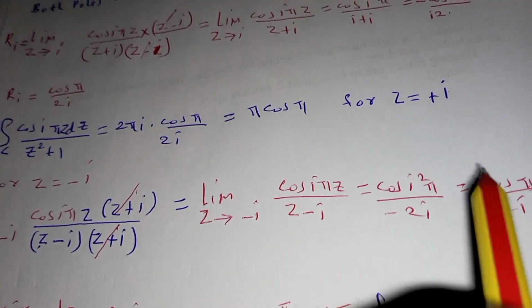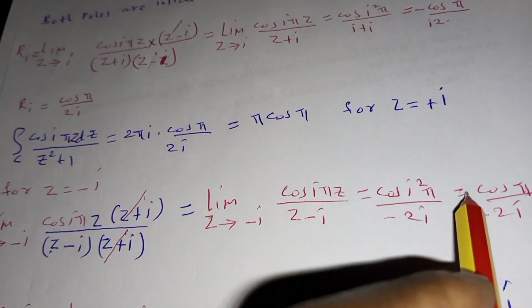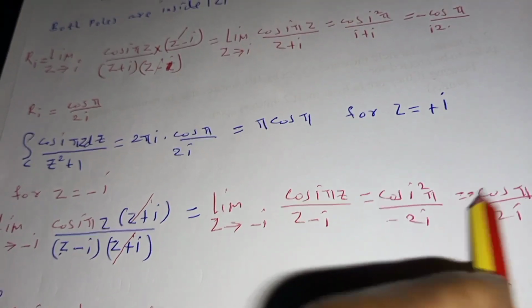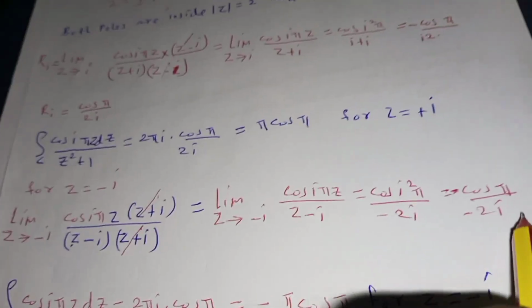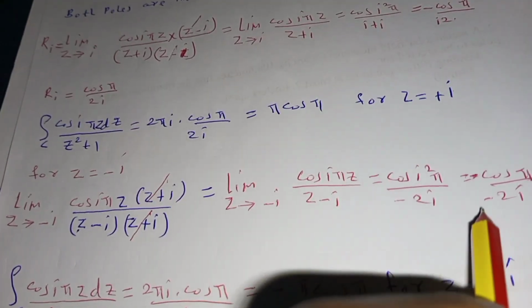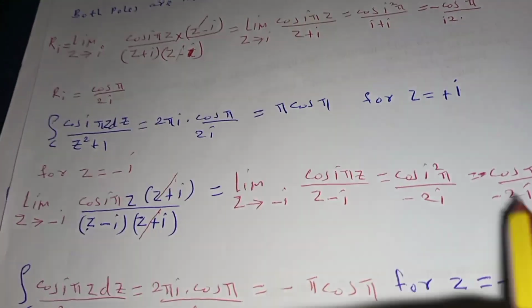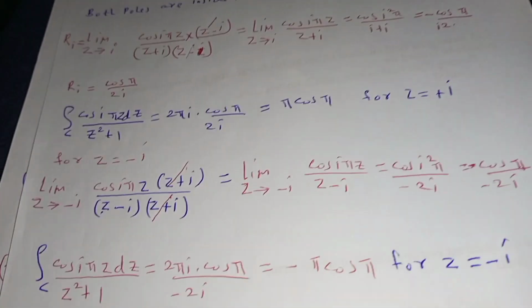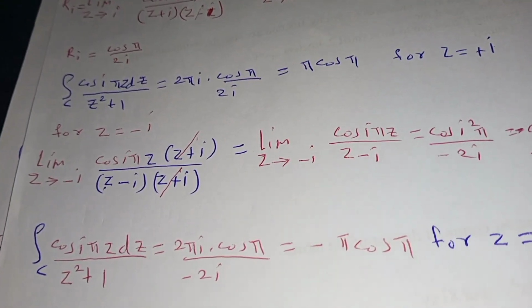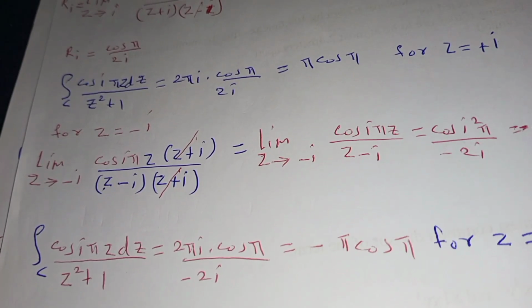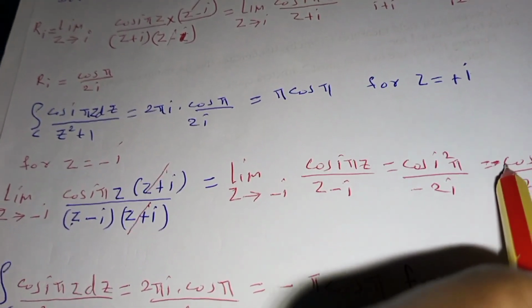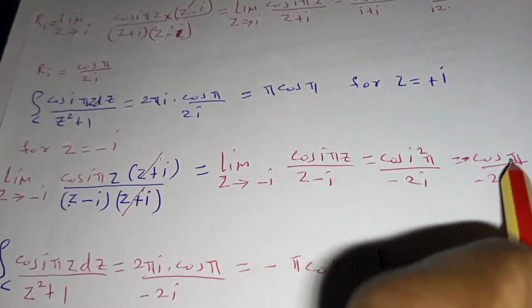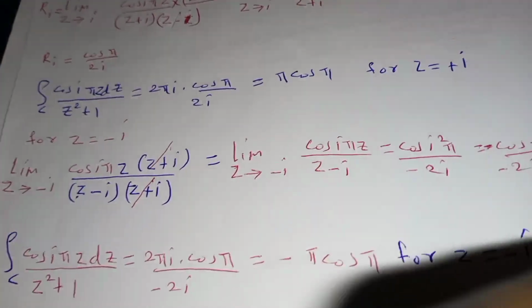Then negative over negative, the numerator, negative cos π and cos π is the same.